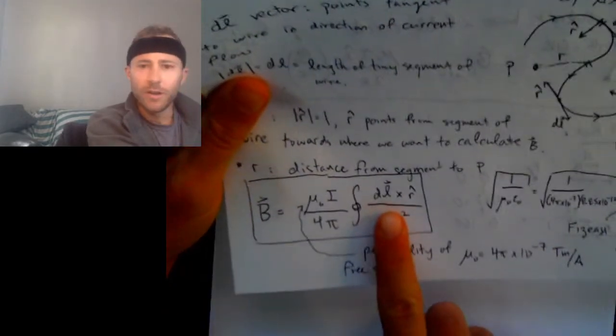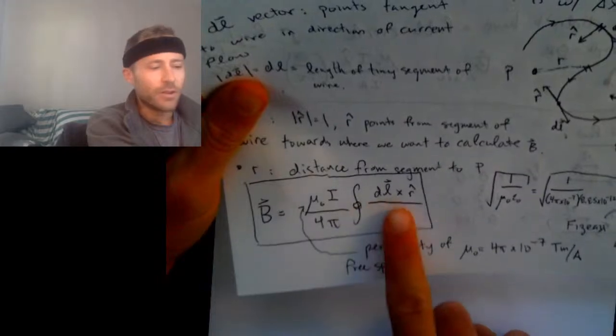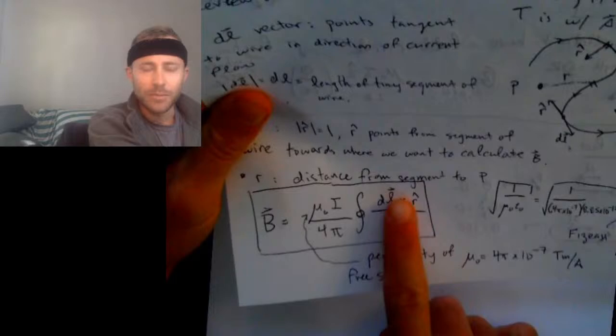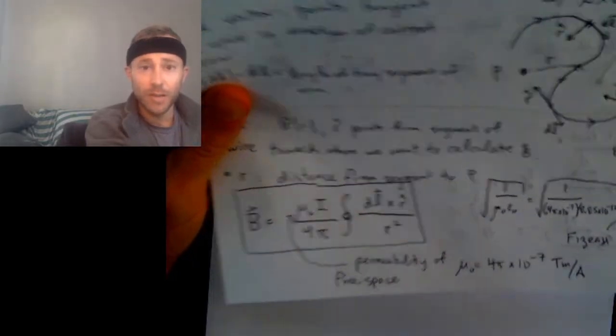And here's the thing. The magnetic field is the sum over dl cross r hat. So if dl cross r hat is 0, then we're adding up 0, so we're just going to get no magnetic field.